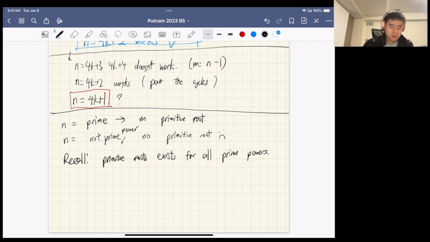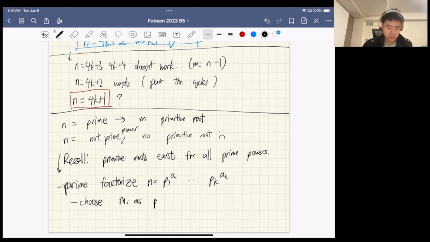So what we could do is prime factorize n, and then choose mi as a primitive root of each prime power.